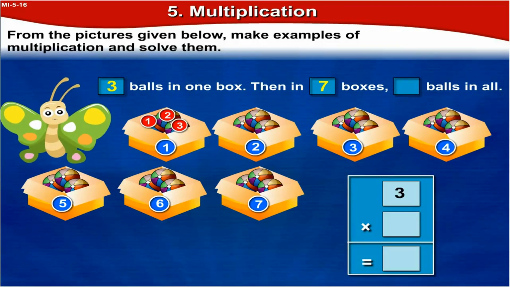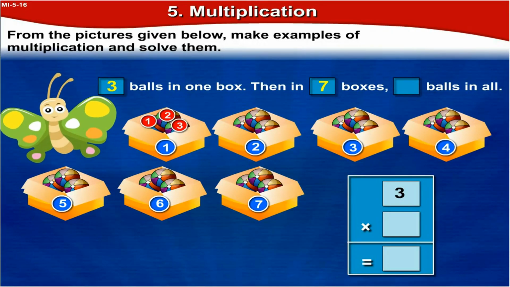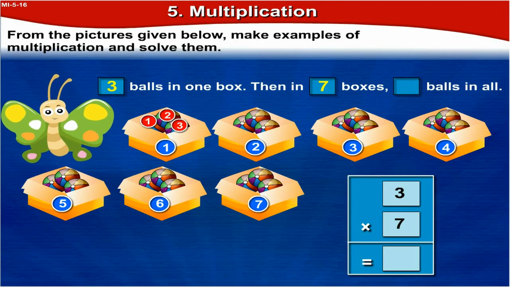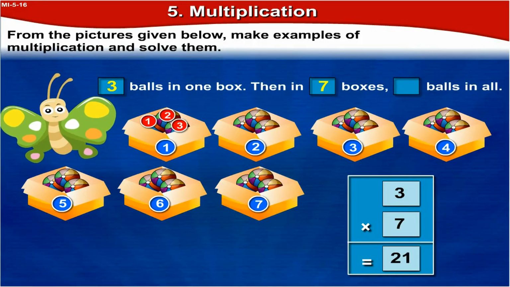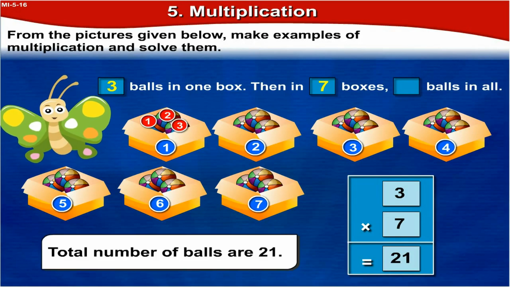So, there are 3 balls in each box and there are 7 boxes, which means it is 3 multiplied by 7. That is 21. So, total number of balls are 21.